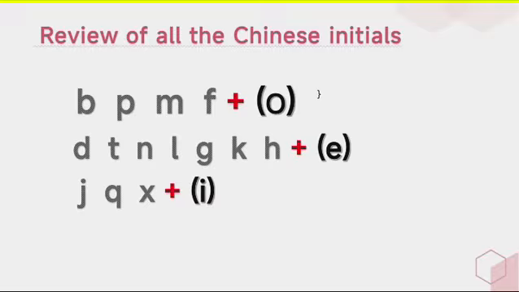In total, there are 14 initials belonging to this category. Let's read all these groups together. 波, 坡, 摸, 佛, 的, 特, 呢, 了, 个, 科, 和, 鸡, 七, 西.